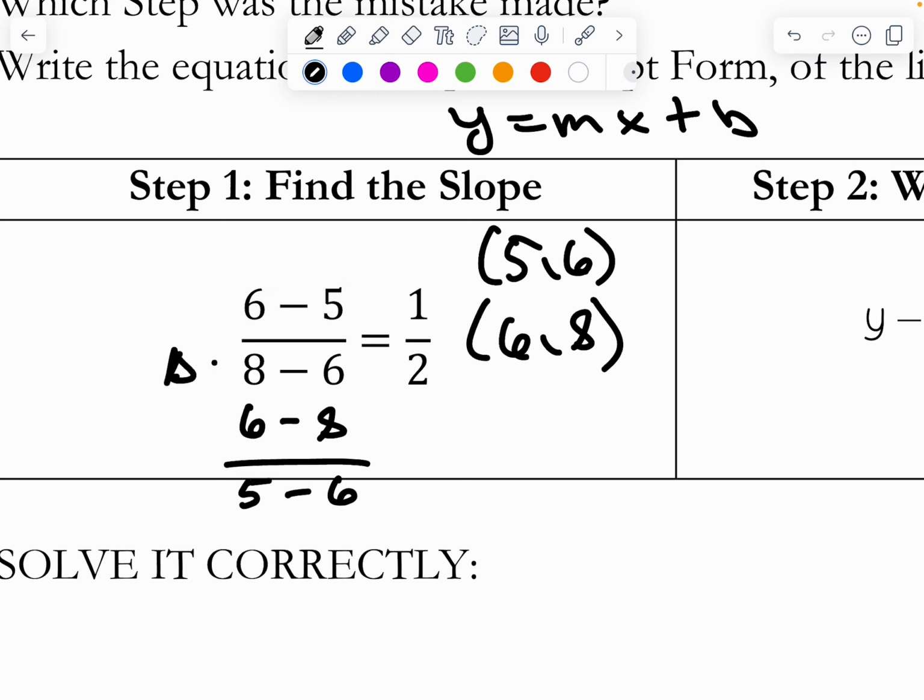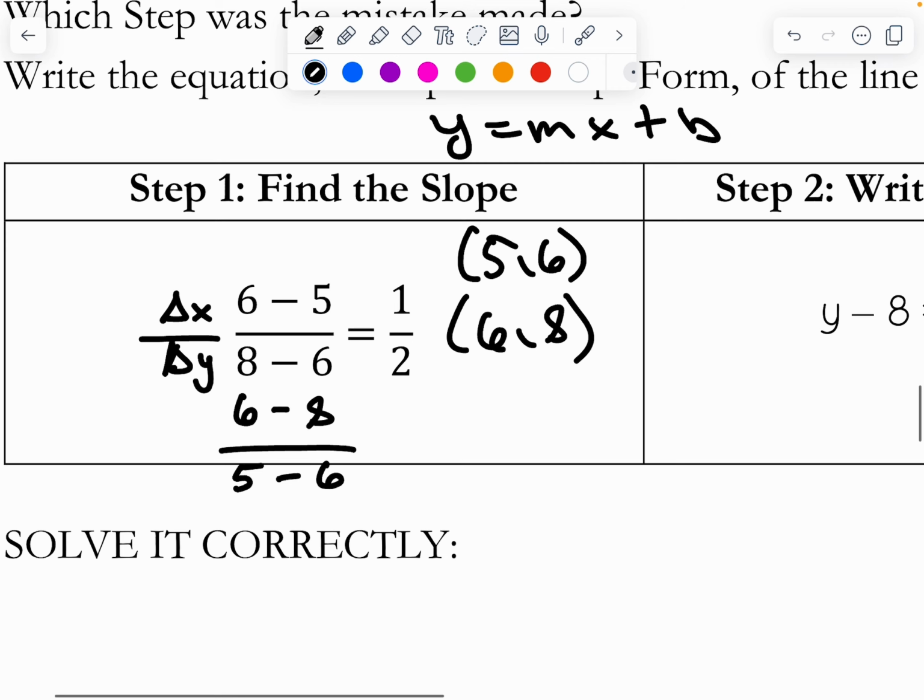So this is what their slope looks like. Sorry, this should be again change in y over change in x. So it looks one way for us, but for them, it looks like they flipped the x's and the y's.